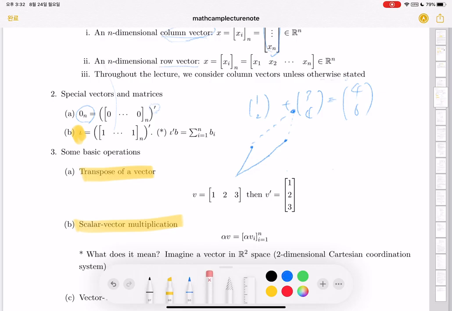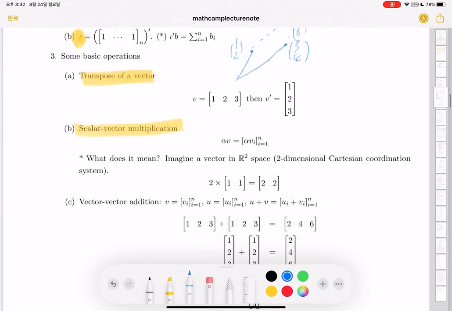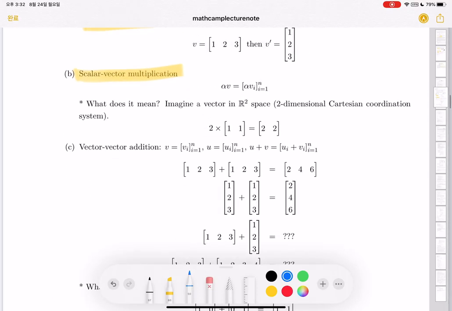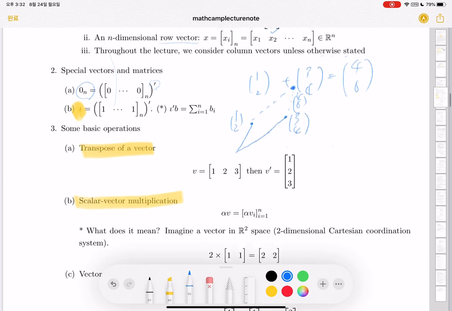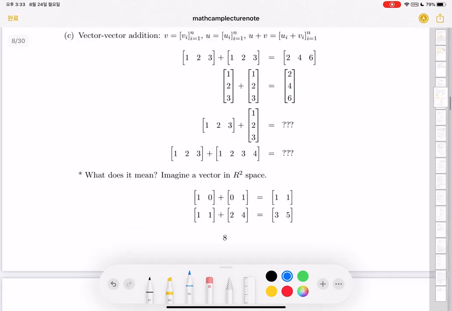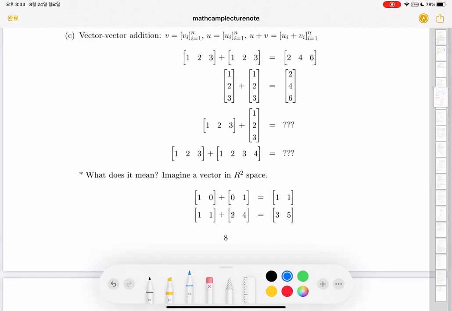So this is your 1, 2. This is your 3, 4. Then this point is your 4, 6. That's how you add vectors. So vector addition is element-wise addition, and geometrically it means this new vector point. You can add vectors of the same dimension only, so for example, these two vectors are not addable.